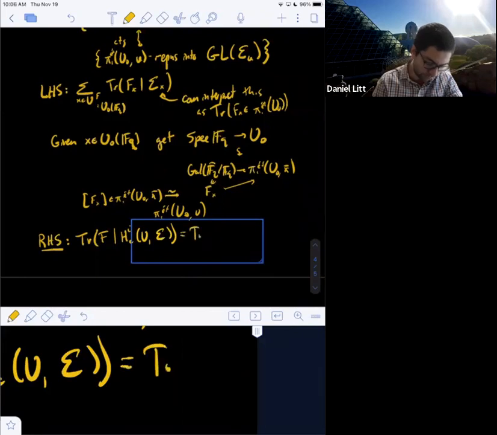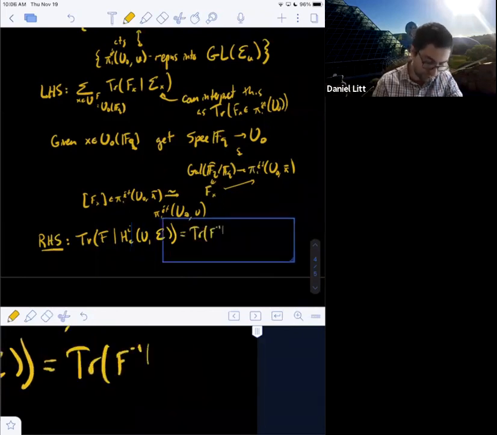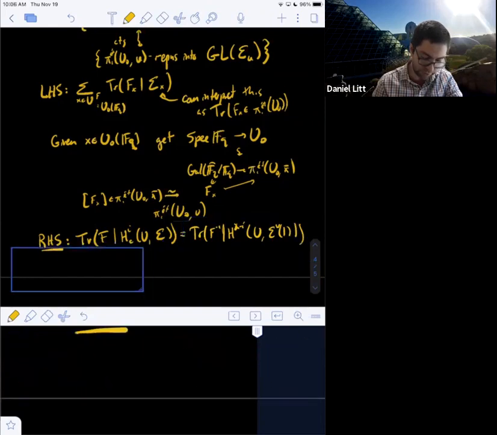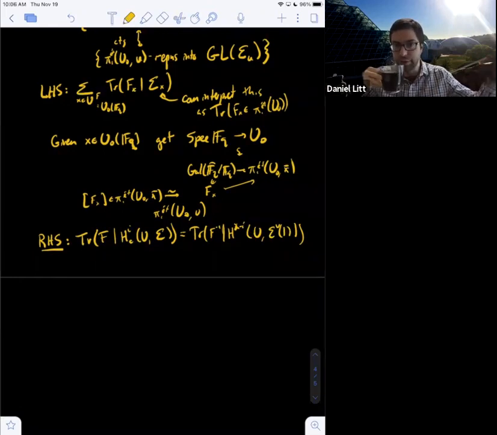So this is the trace of F inverse, because this object is dual to the normal cohomology on U of E dual twisted by 1. So we can get rid of that dual at the cost of replacing F with F inverse here, right? The trace of a dual matrix is the trace of the inverse matrix.